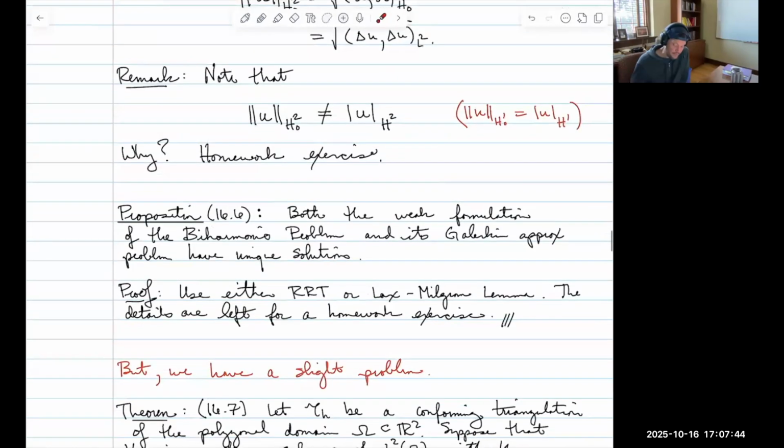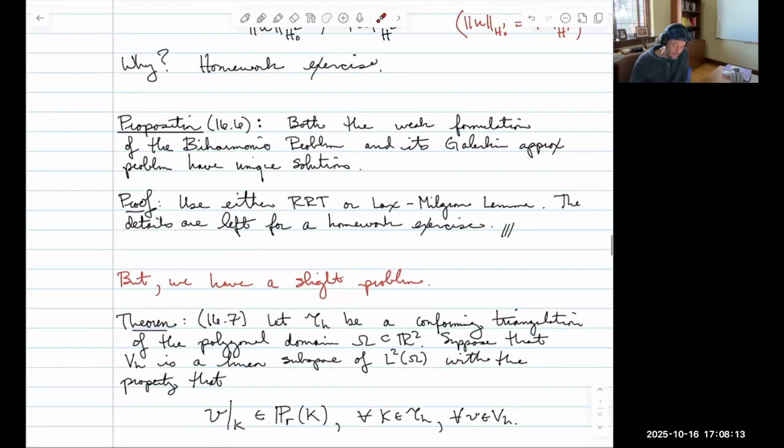And if we know that it's an inner product, then we can use the Riesz representation theorem immediately to show that the weak formulation and the Galerkin approximation have unique solutions. We could also use the Lax-Milgram lemma, but it was built for more generic situations, specifically for non-symmetric problems. The Riesz representation theorem takes care of the symmetric problems.